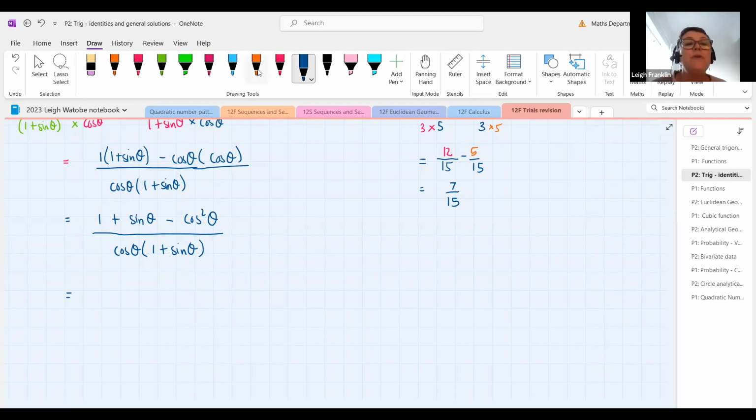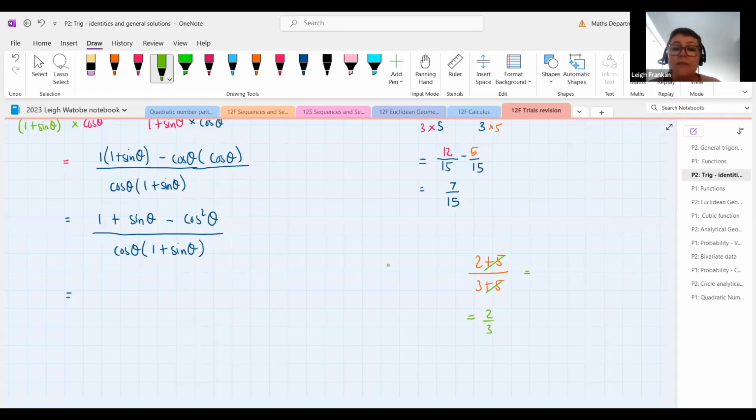So just very briefly here on the side, if I've got 2 plus 5 over 3 plus 5, the reason I cannot cancel my terms is because it doesn't give me the same answer. If I cancel 5 and 5 like that, which is incorrect, I'm saying that this fraction is equal to 2 over 3, which it isn't.